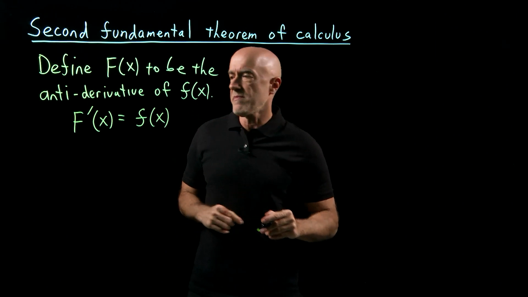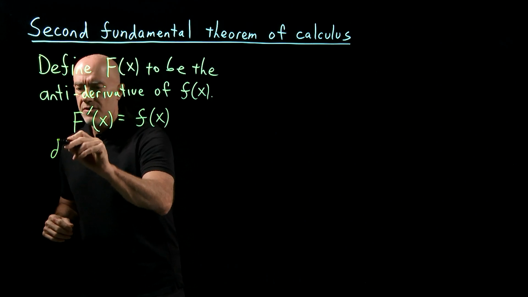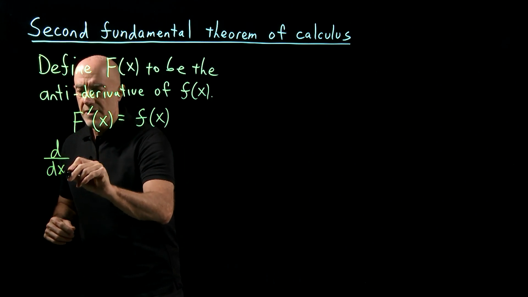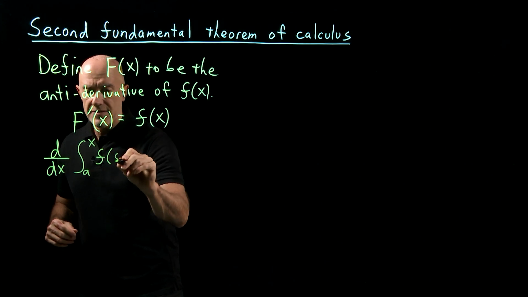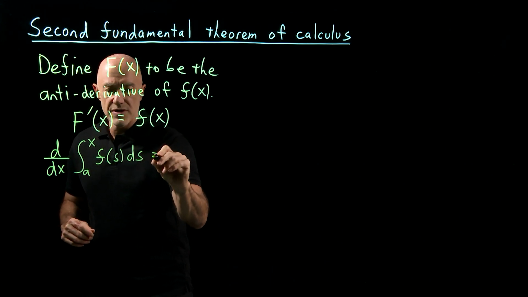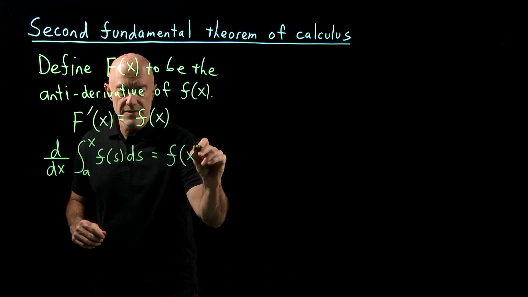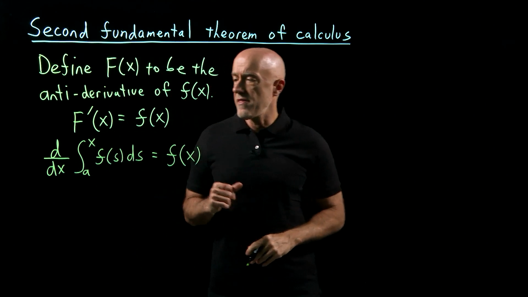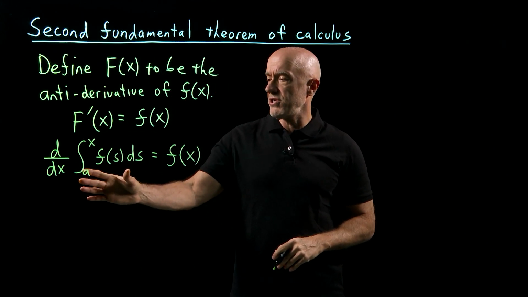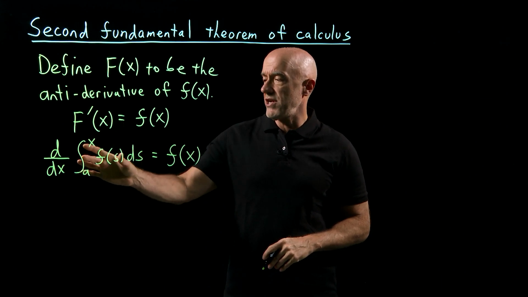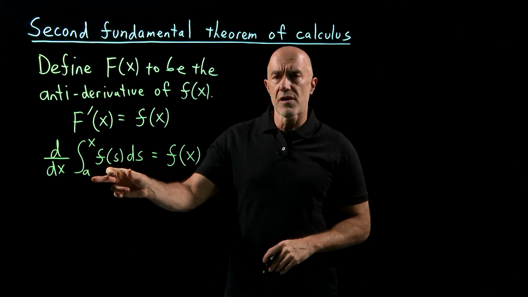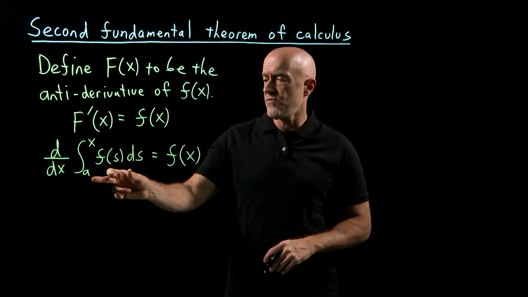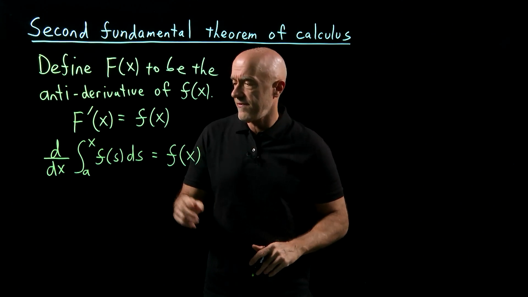So the first fundamental theorem of calculus told us that the derivative of the integral from a to x of f of s ds was equal to f of x. So here then we have a function that when we differentiate it, we get little f of x. So this integral then is the antiderivative of little f.